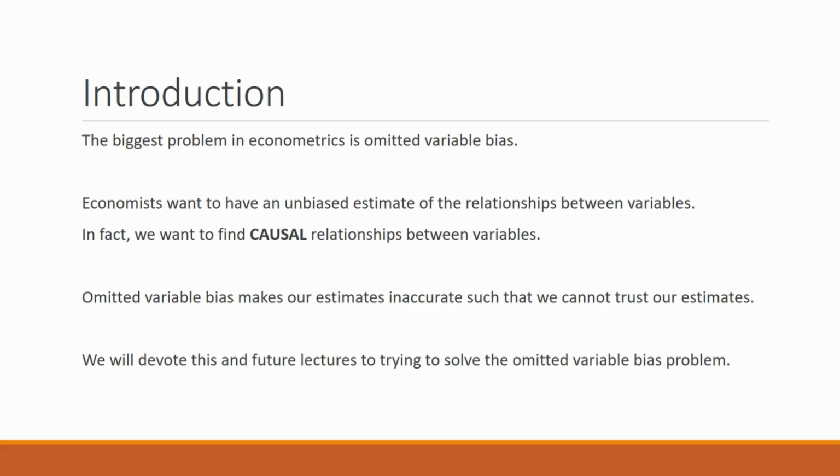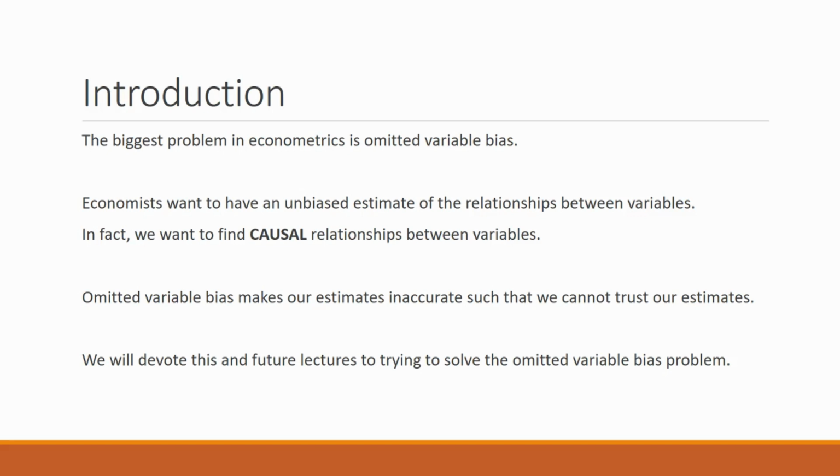All right, so I'm just going to quickly review omitted variable bias, although of course you have previous lectures that you can go back to for a more thorough discussion. Remember that as economists, we want to get unbiased estimates of the relationship between variables. In fact, oftentimes we really want to understand the causal relationship between variables.